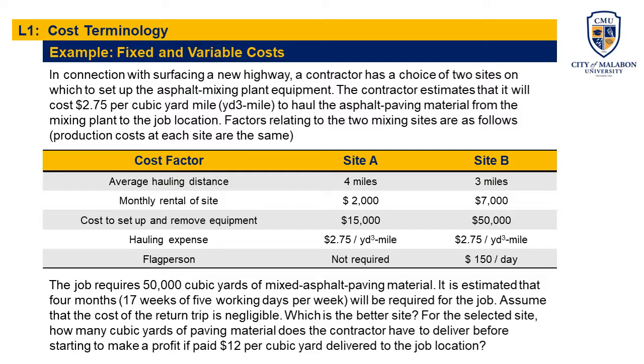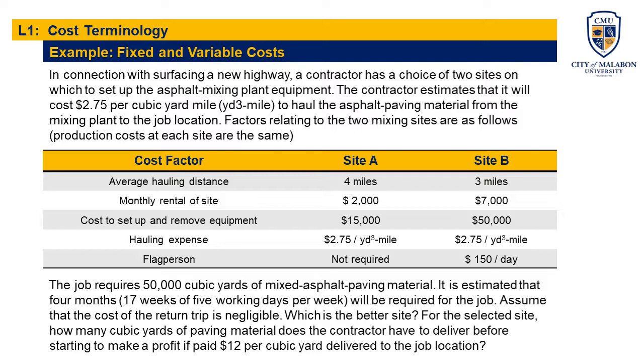Okay, so that's the problem. So we are to find out which site is better and how many cubic yards of material does the contractor have to deliver before making a profit. The cost factors have been discussed completely in this particular problem.